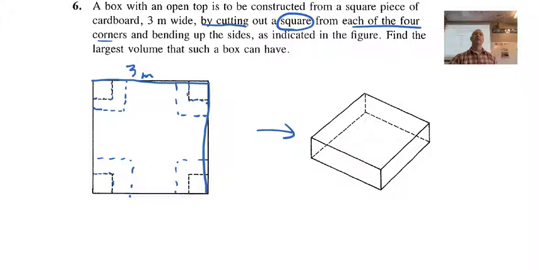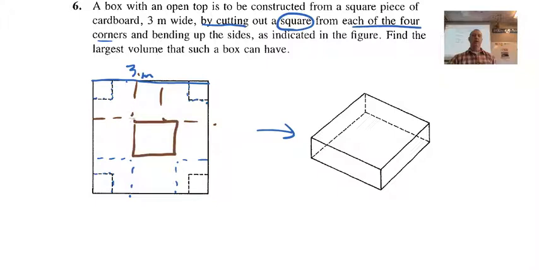Okay. So that's the key, find the largest volume. So if we cut out big chunks like I just drew here, we're going to have a pretty small base, and it's going to have quite a large height.